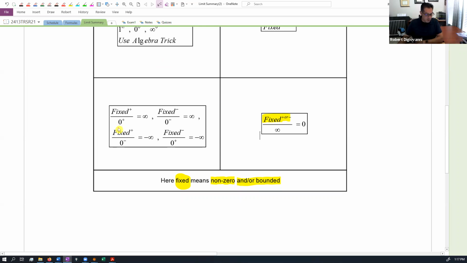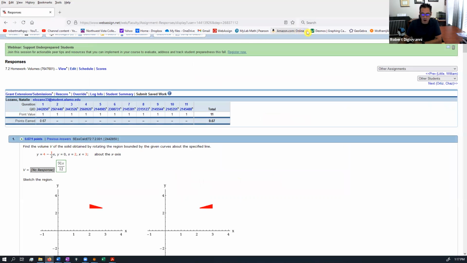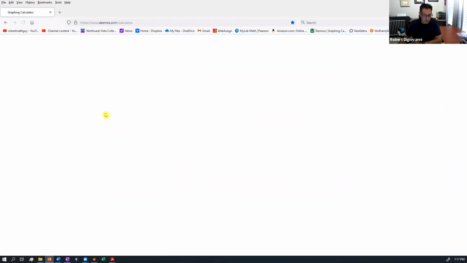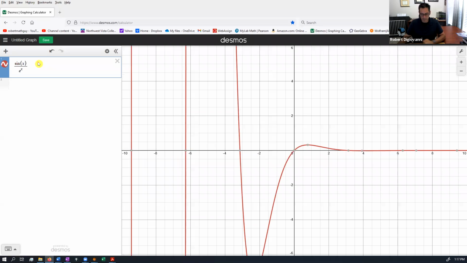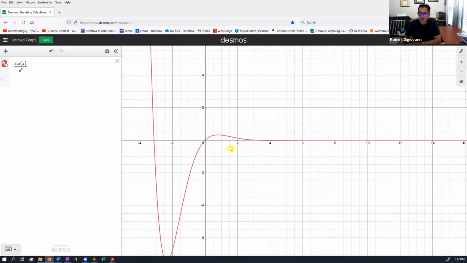Exactly. Now, what's really cool is to look at the graph of this. Watch. So this is a different sort of problem, but I'm going to take a bounded function, sine of x, and I'm going to divide it by a function that's going to infinity, e to the x. All right. And let's look at what happens to this function as we go to infinity.